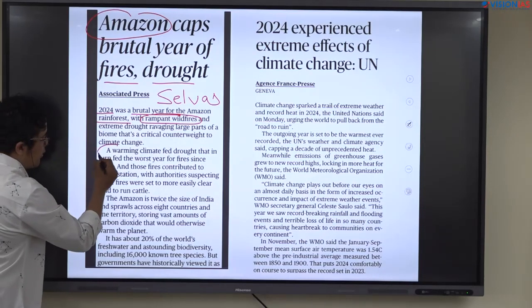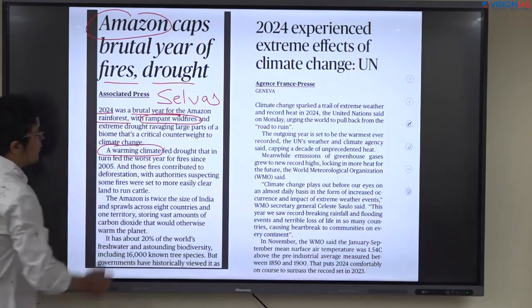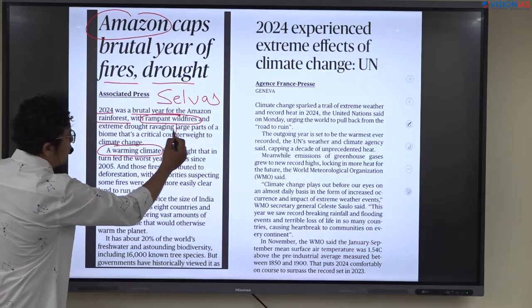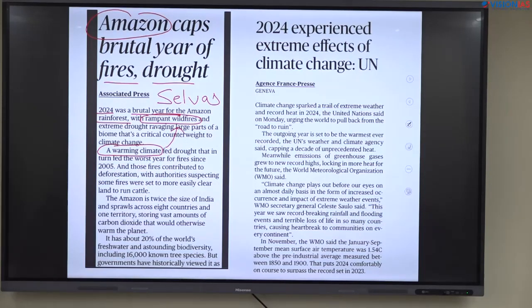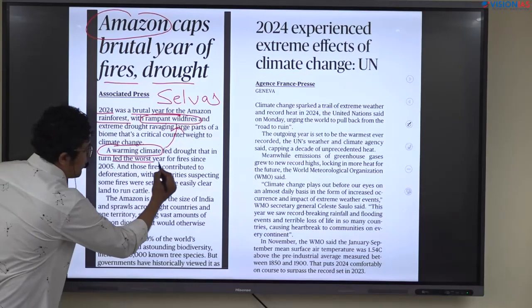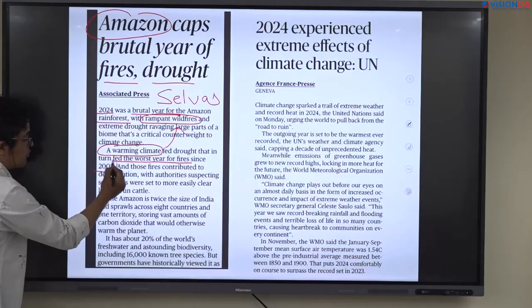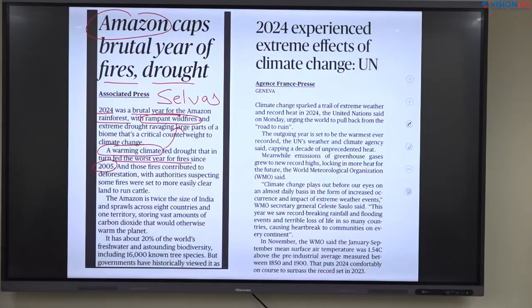In the newspaper article, it is clearly written why these wildfires are happening. It is happening due to the warming climate, the heat waves, the temperature which is on the rise. It is the worst year for fires since 2005. So in 2024, so many forest fire incidents happened in the Amazon. It is considered the worst year for forest fires since 2005.